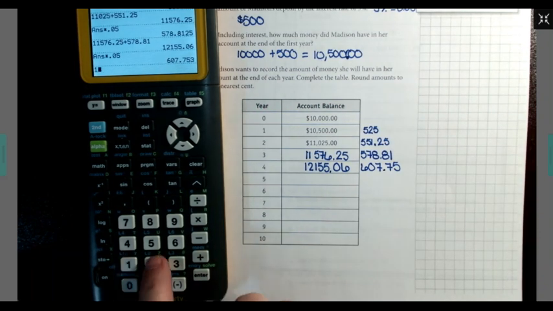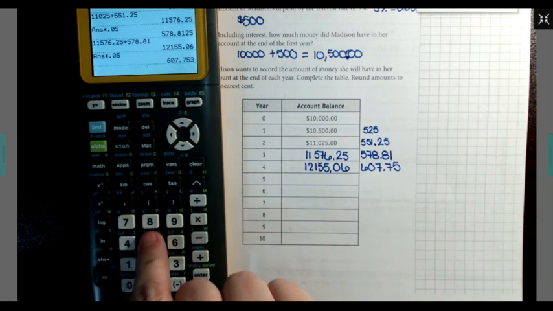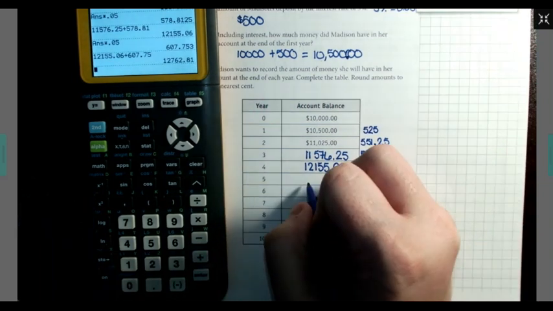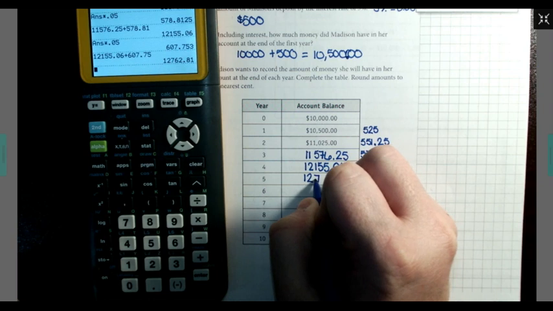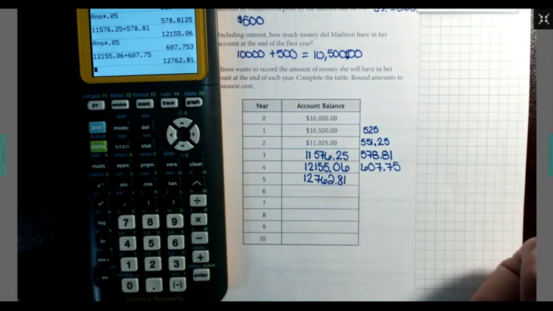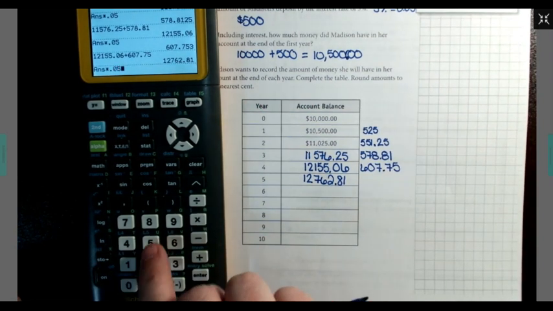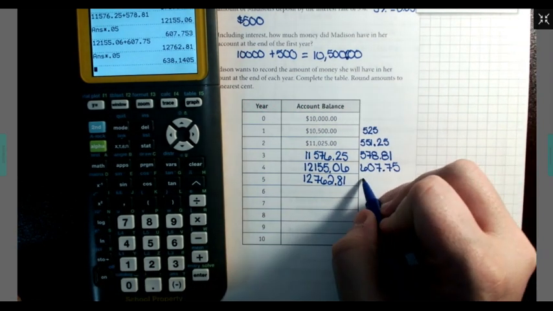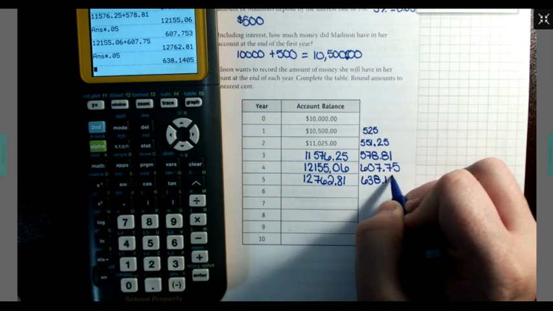So we take $12,155.06, add the $607.75 interest, and at the end of year 5, we have $12,762.81. In order to find out our interest, we multiply by the 0.05. For this year, we earned $638.14.